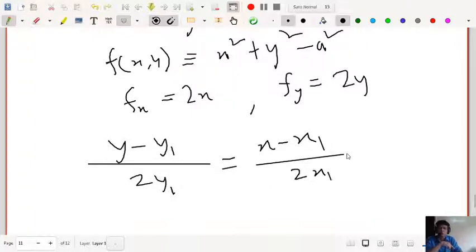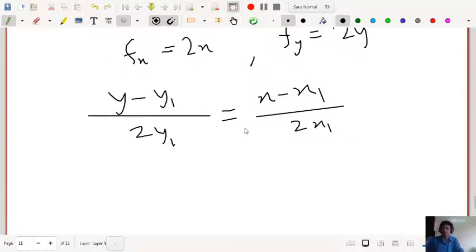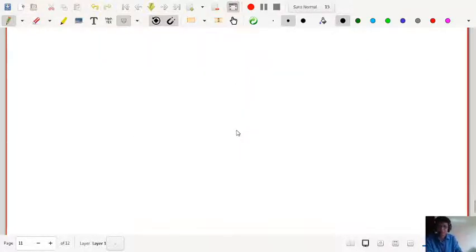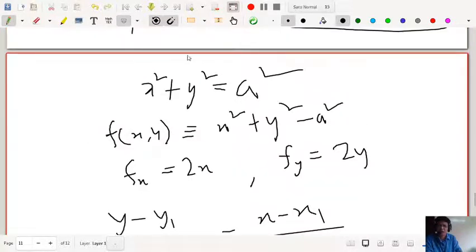If you simplify, you will get the equation of the normal. Otherwise, you can solve like y − y1 = −1/m times (x − x1) in that way also. This is the way you calculate the normal.